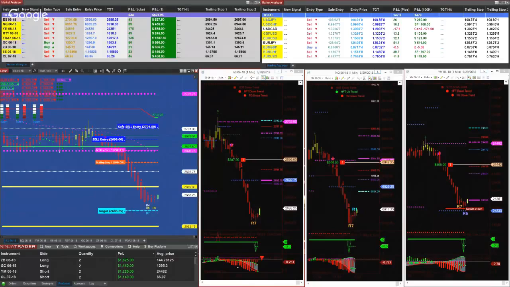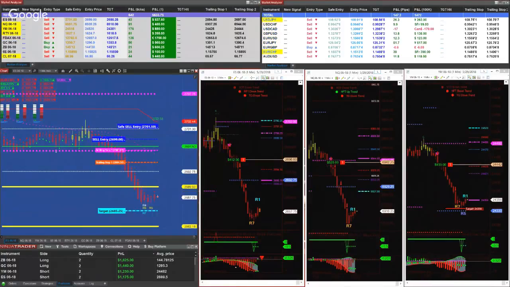Total based on one contract is 650 ticks on the automated trade. And on the manual trade, on the last trades here, we nailed around $1,500.